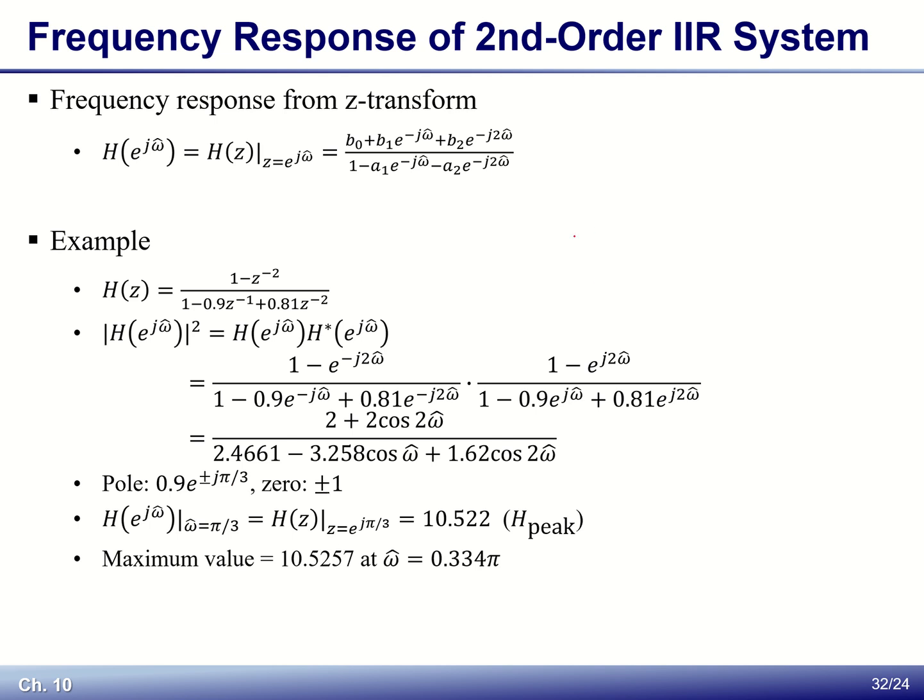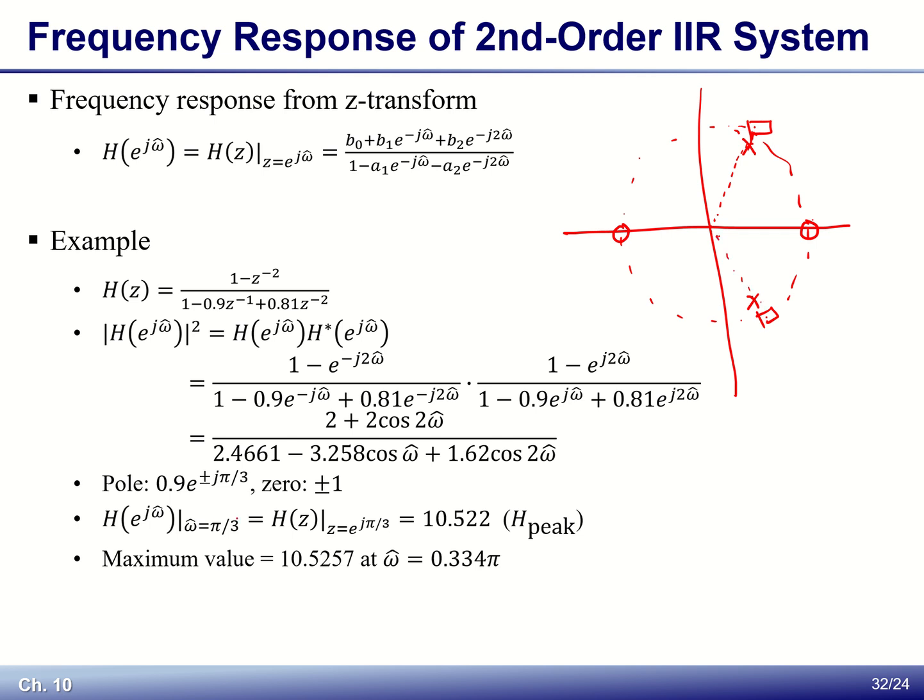In the Z domain, the maximum value is close to the pole, because it is very close to the pole.